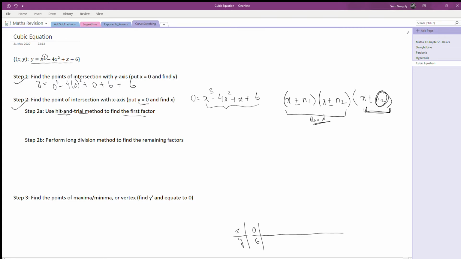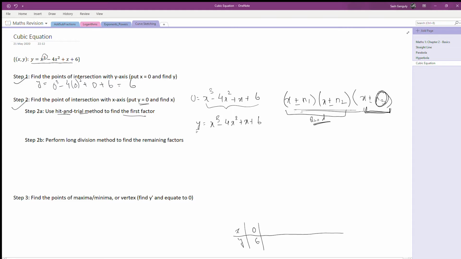What this method tells us is, we have this equation of y and x: y is equal to x cubed minus 4x squared plus x plus 6. Now, if I substitute x as any number and I get y is equal to 0, that tells me that number satisfies this curve.